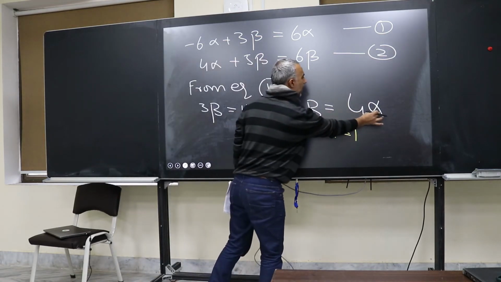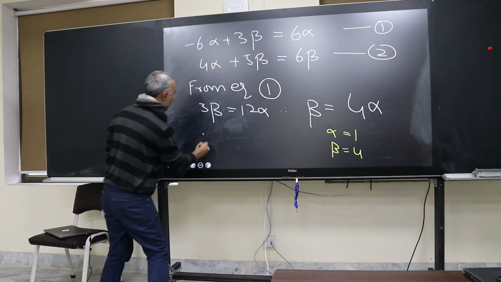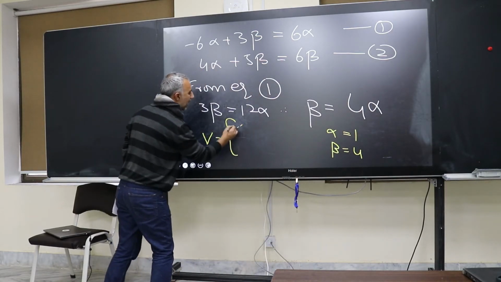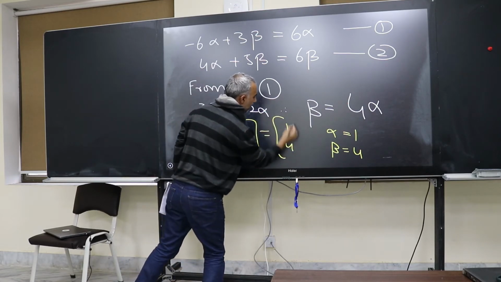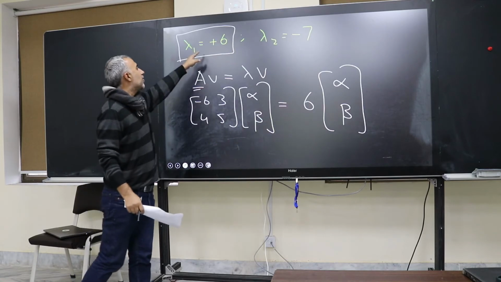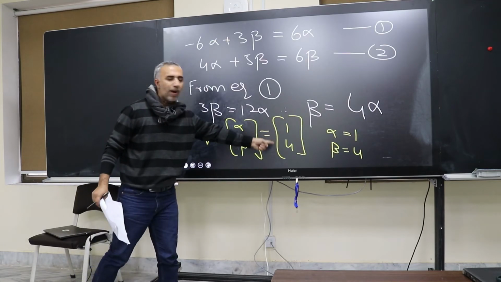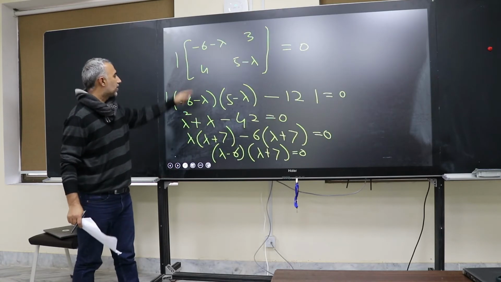Brilliant. You substitute the value of alpha here, you will get beta equal to 4. So your eigenvector, alpha beta, equals 1, 4. So your eigenvalue is 6 and your eigenvector is 1, 4. All this you deduced from only this given.